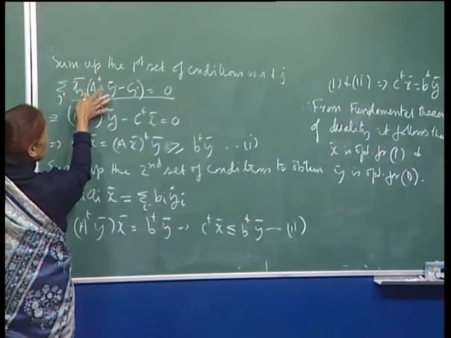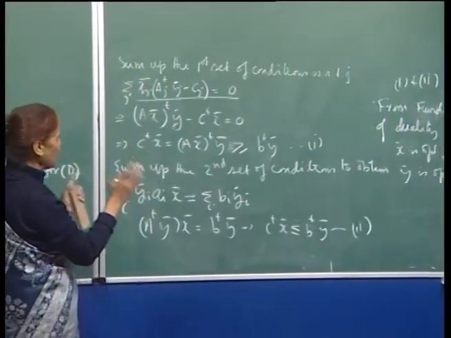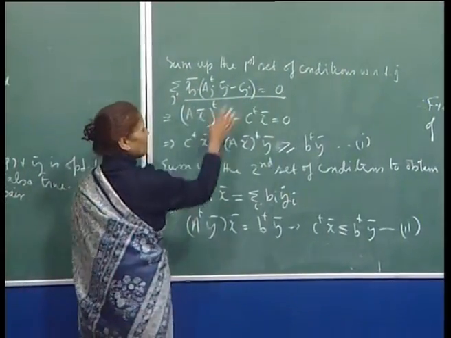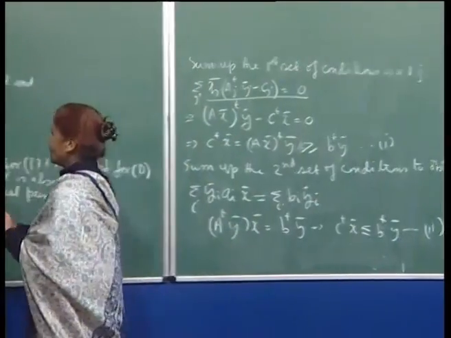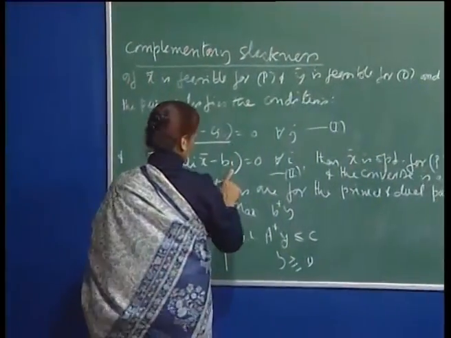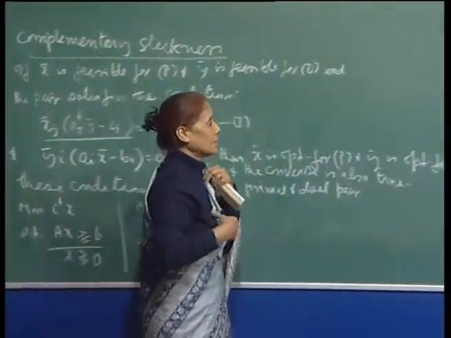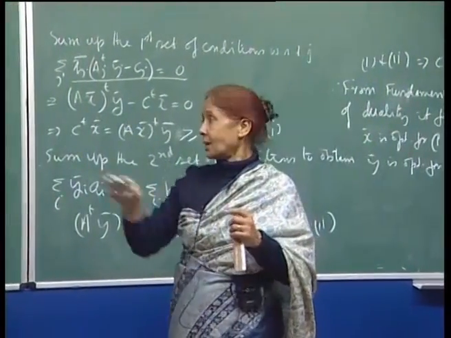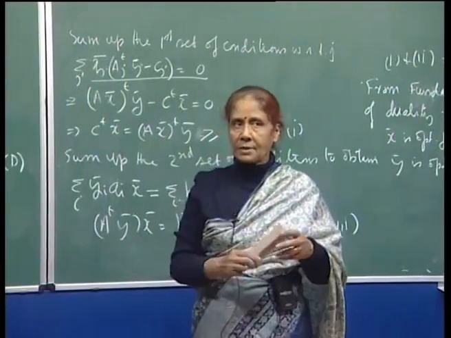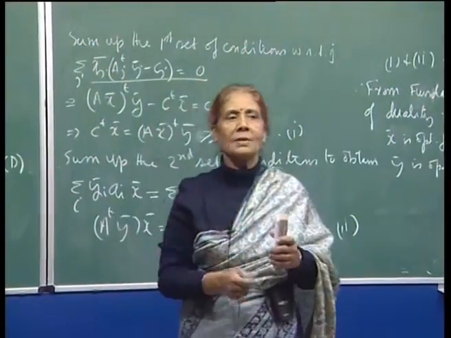And sum of quantities of the same sign equal to 0 implies each must be 0, and therefore, individually you can show that this is 0 and this is 0. So, I will leave the proving of the converse. You can now write down the details. I have given you the idea. So, that takes care of the complementary slackness theorem.